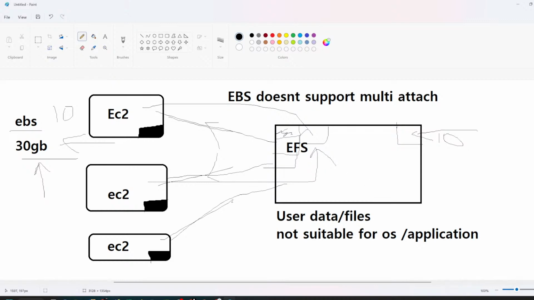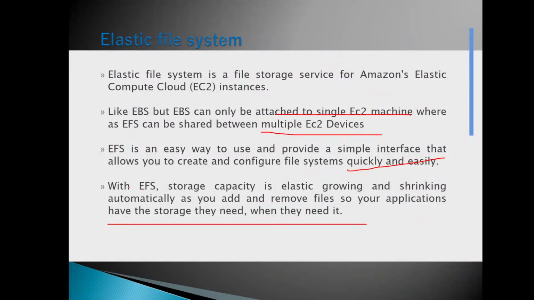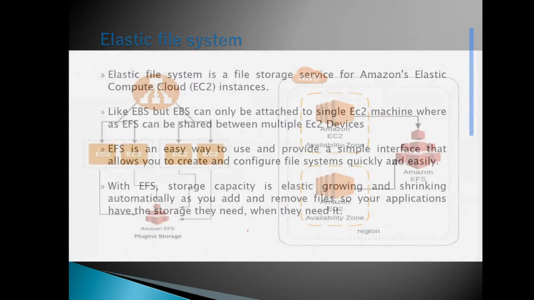You can compare EFS with S3, with the feature of block storage. So the last point is that EFS storage capacity is elastic, growing and shrinking automatically as you add or remove files, so your application has the storage it needs when it requires the most.